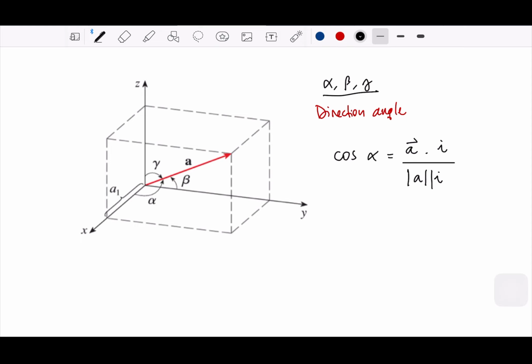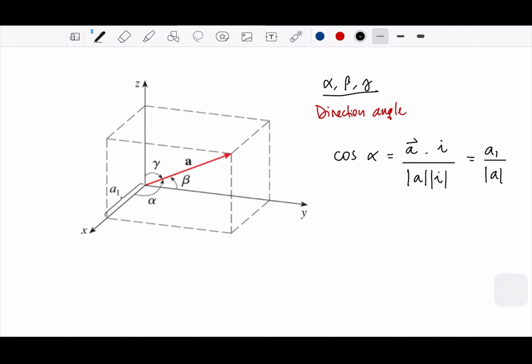And if we define what A is in terms of the x-axis as A1, then this will be A1 divided by the magnitude of A.